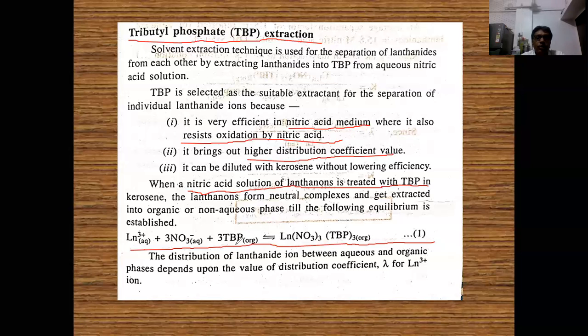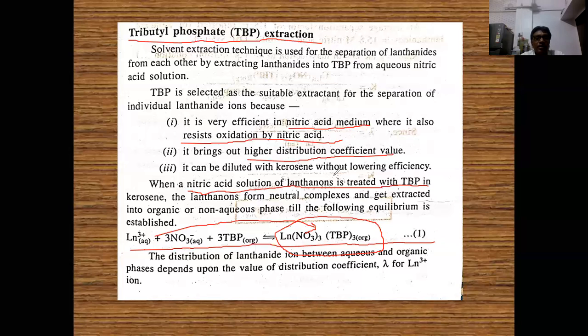There is a formation of a neutral complex, lanthanum nitrate thrice TBP thrice, and this complex formation takes place in the organic phase. In this way, lanthanum ions are extracted from the aqueous phase into the organic phase.